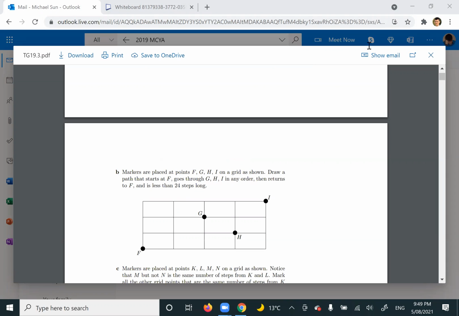Draw a path that starts at F, goes through G, H, I in any order, then returns to F and is less than 24 steps long. And this time you can cross it too, because it didn't say anything about crossing.